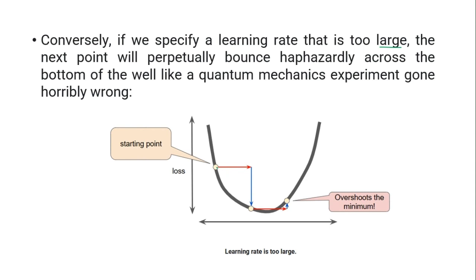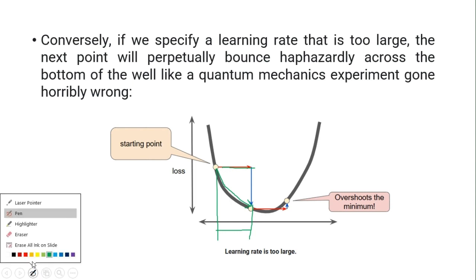What will happen? The step size will be more. The theta value will change from this value to this new value. Since alpha is large, the step size is large.